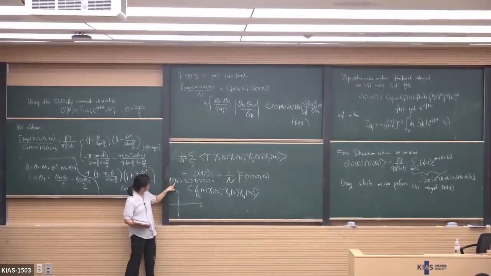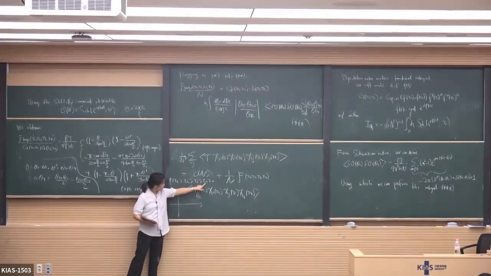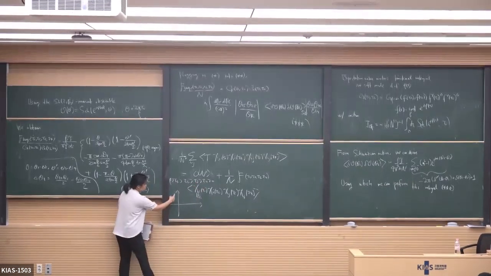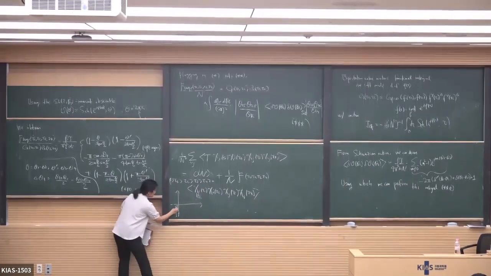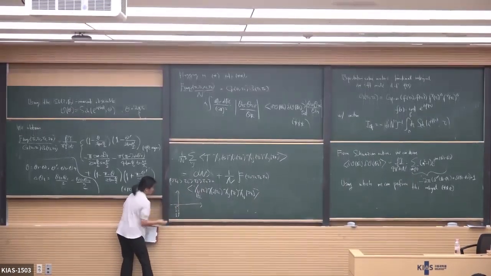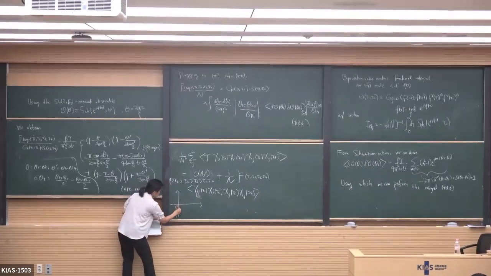So when tau 1 is greater than tau 2, is greater than tau 3, is greater than tau 4, they're ordered in the complex time plane as follows. You have 1 here, 2, 3, 4. Okay. And they're placed on this time circle here.